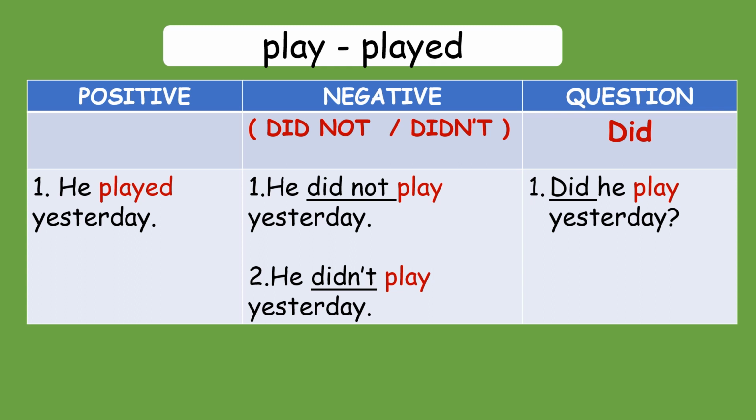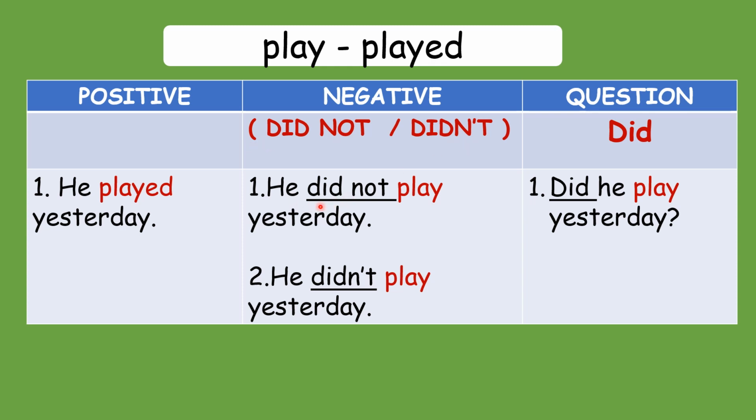Here is another example. The verb play. The past tense of the verb play is played. Positive sentence. He played yesterday. So use the past tense of the verb. For negative sentence, once again, you have to use did not or didn't.